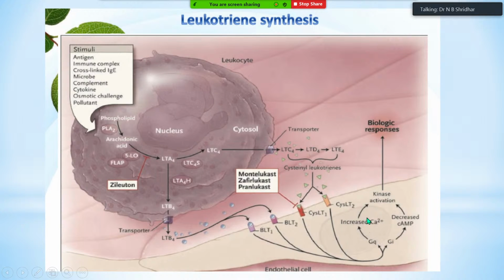Gq is excited, leading to increased calcium influx, whereas with the Gi type of receptors, decreased cyclic AMP concentration will be there, and ultimately the biological response depends upon the kinase activation. So this is a very brief chart which explains the action of different drugs on the different steps of leukotriene synthesis and also the receptor binding sites.